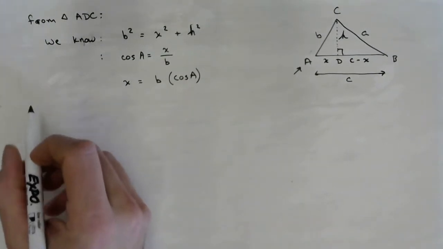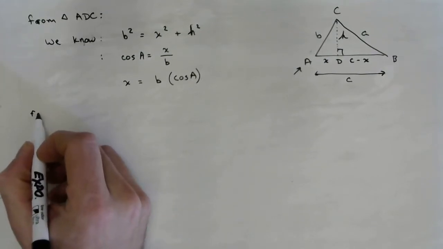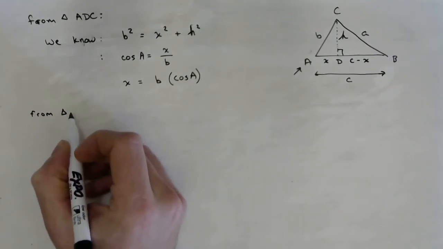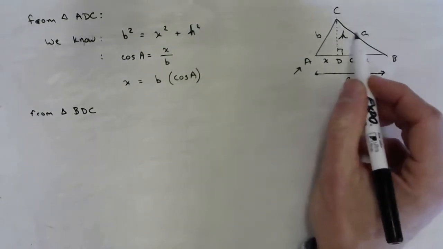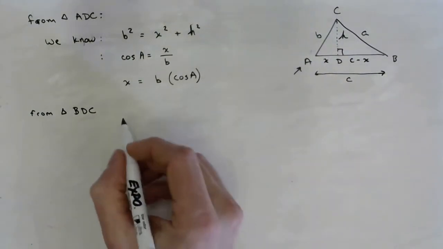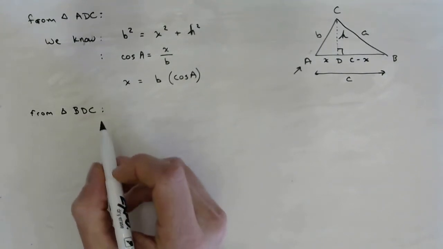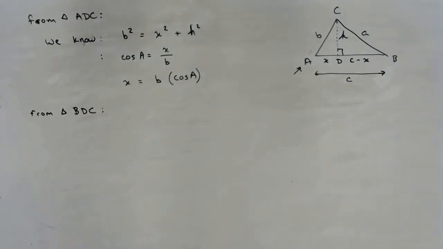Okay, so we're going to look at the next triangle now. From triangle BDC, that's the right triangle on the right-hand side, what information are we going to get from that? Well, we're going to look at the Pythagorean Theorem again.